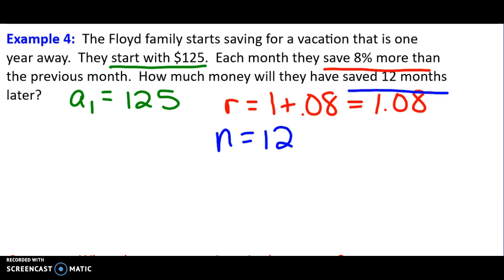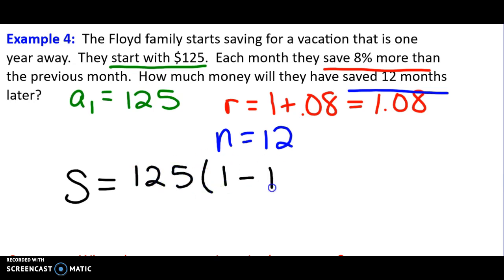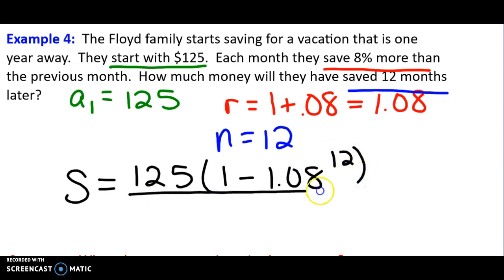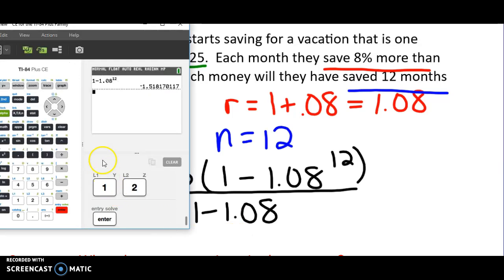If we're finding how much money they'll have total, we're finding the sum. So we're going to use that original finite sum formula, which says we take a1 times 1 minus r raised to the nth power and divide by 1 minus r. It's probably best to do this on your calculator.